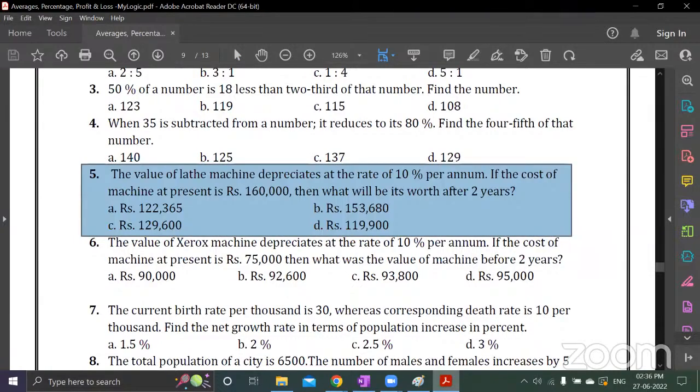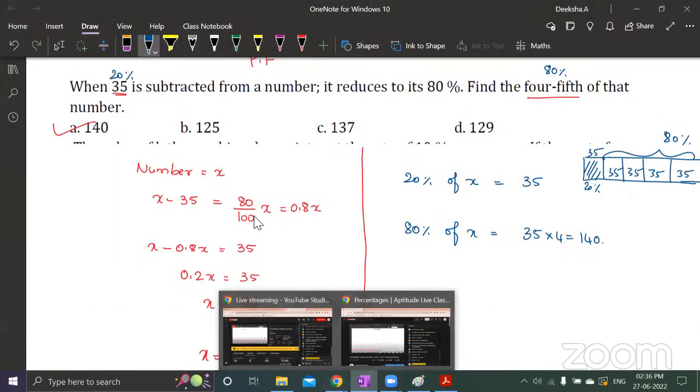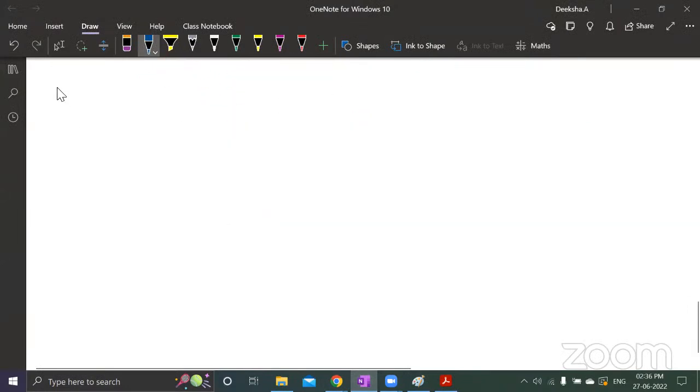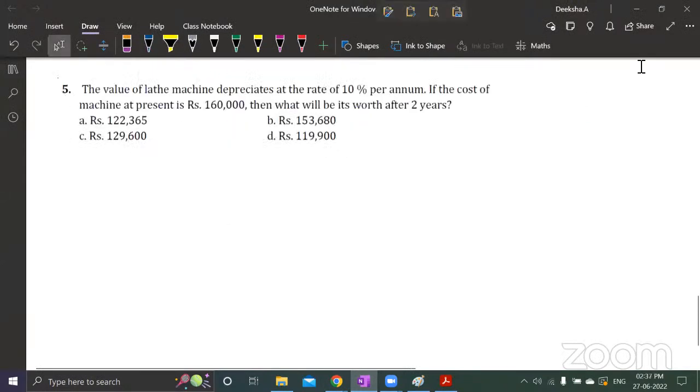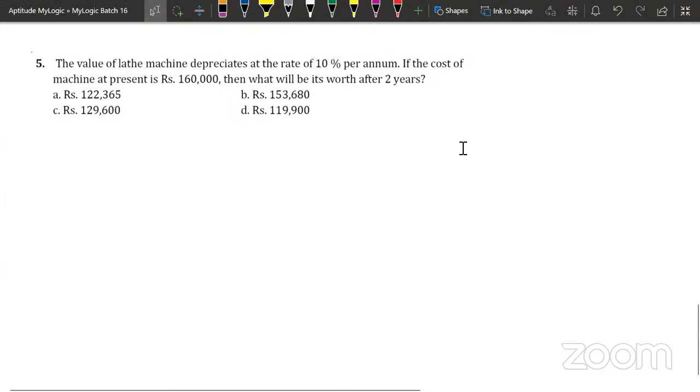So depreciating means it is reducing. The value of a machine depreciates at the rate of 10% per annum. If the cost of the machine at present is 1,60,000, what will be the worth after 2 years?